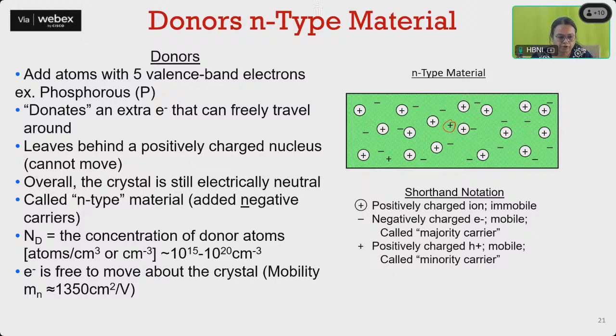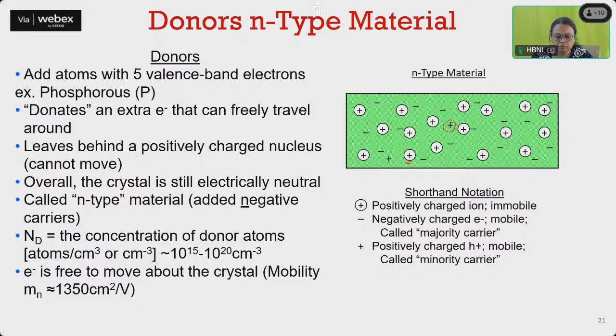So the phosphorus atom has donated an extra electron, which can move freely, and it also leaves behind a positively charged nucleus which cannot move, and overall the crystal is electrically neutral.